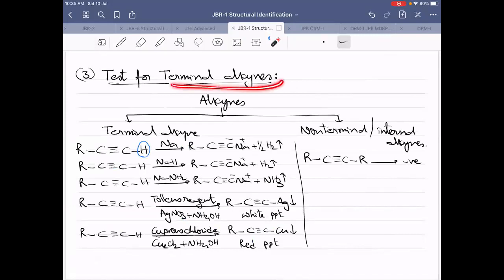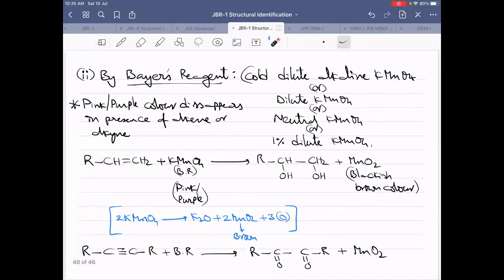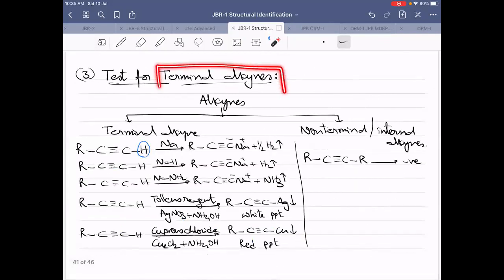test for terminal alkyne. See, till now what we have discussed is, overall, to recognize double bonds, triple bonds all together. Okay, but this is a special test, specifically to identify the presence of terminal alkynes. So first of all, let us see what terminal alkynes are.